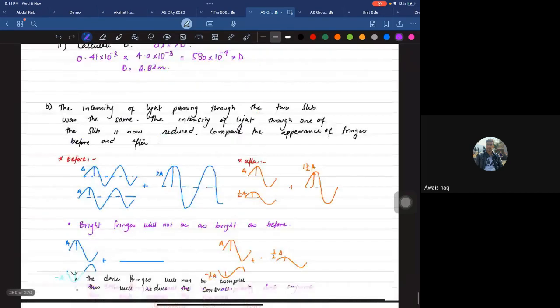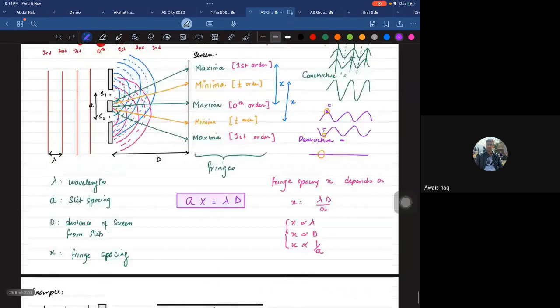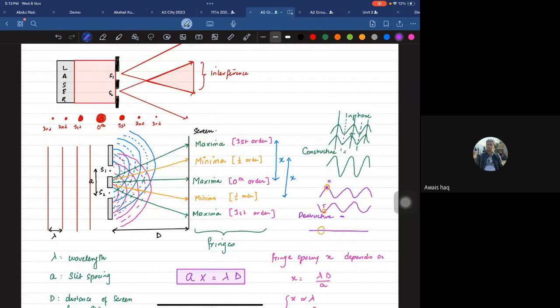Just like we learned, the zeroth order is the first maximum, then the first order is the second maximum, and so on, like that.